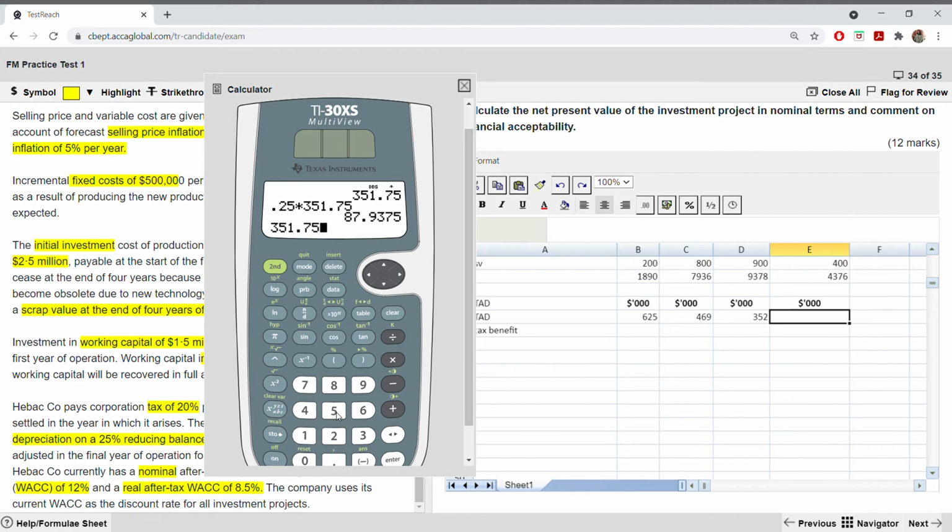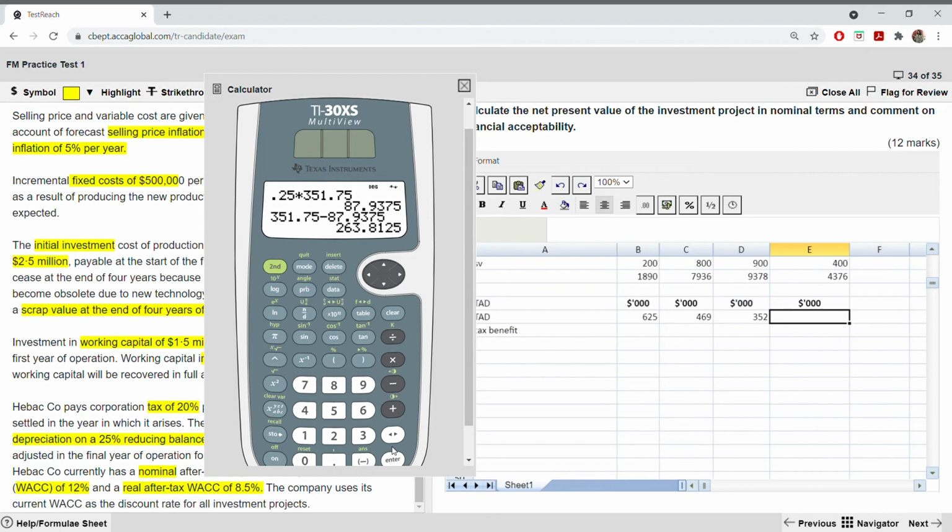This is much easier in calculator because you have all the previous steps. Okay, 87.9375, enter. 263.8125. 263.